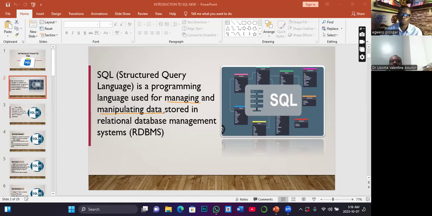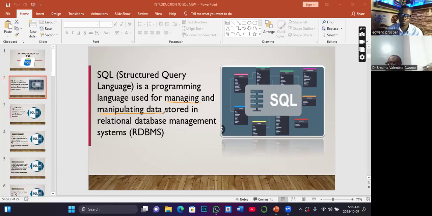Now, as we proceed, we are going to know the meaning of some of these keywords used in the definition. But before we get there, so that we can understand it properly, every language or every field has its own terms and terminologies.